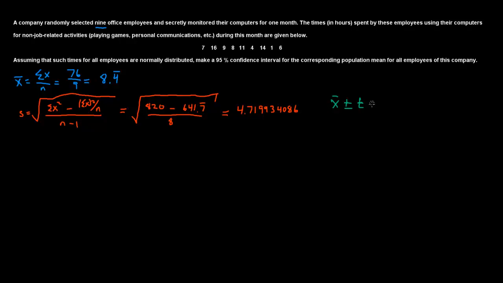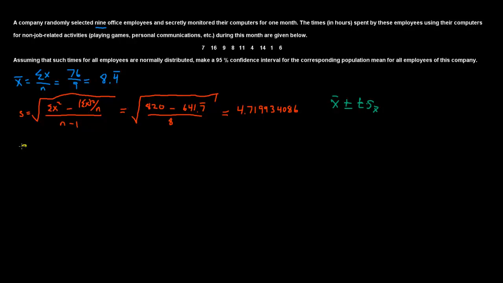Maybe some of you caught that and were wondering when I was going to fix it. So here we are. Going back over here, it is s sub x bar. So t times s sub x bar. This right here has nothing to do with sigma. We're estimating sigma using s. Okay, so let's go back over here and calculate the standard deviation of this particular sampling distribution.